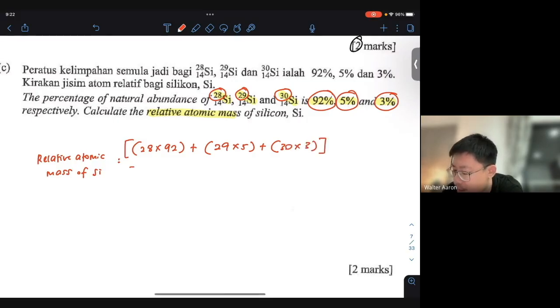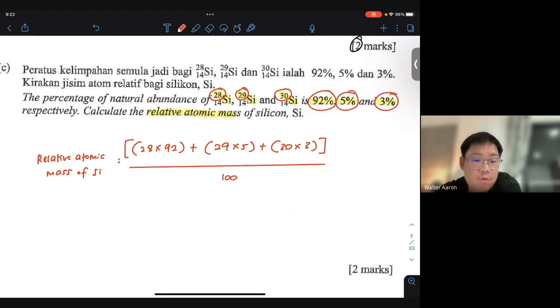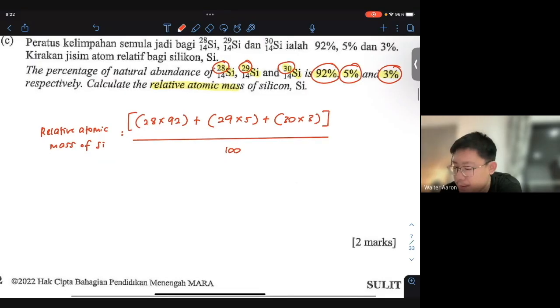Add all of them up together, divide by 100%. So if we do it correctly, you should be able to get 28 as the relative atomic mass.